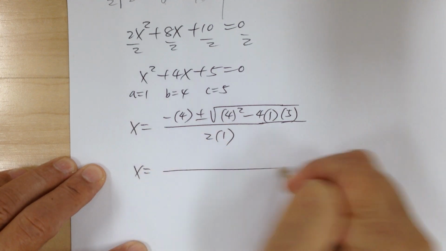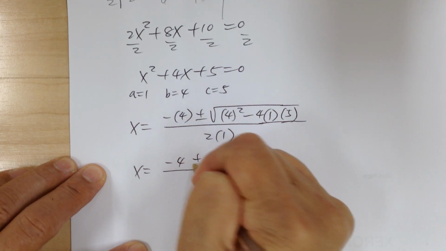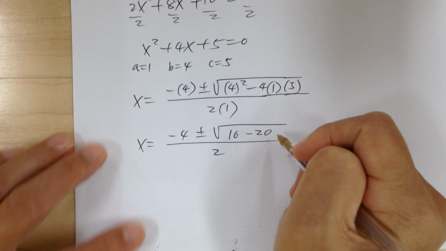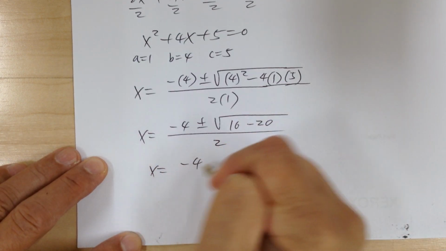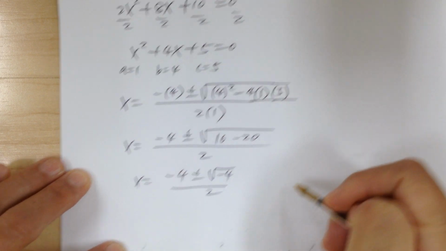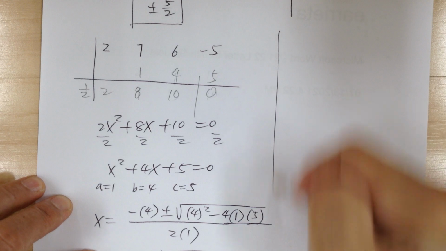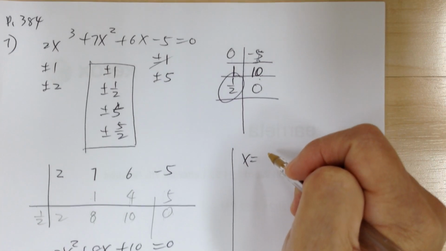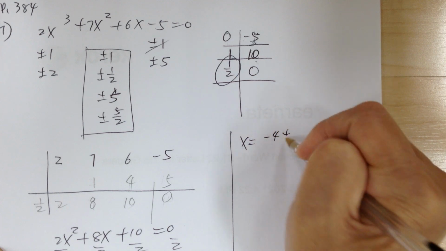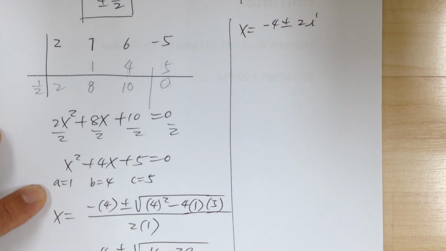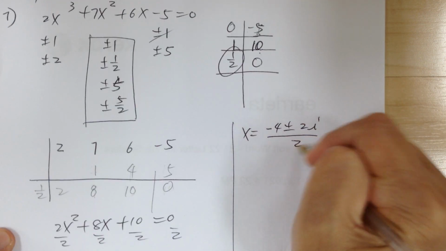So x equals negative 4 plus or minus the square root of 16 minus 20, over 2, which is the square root of negative 4 over 2. So x equals negative 4 plus or minus 2i, because the square root of 4 is 2 and the square root of a negative is i, over 2.